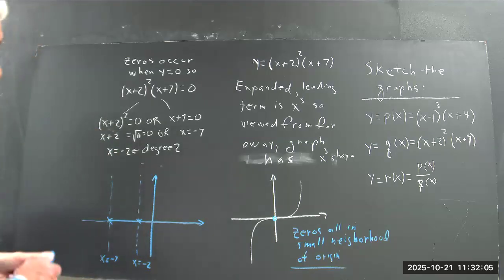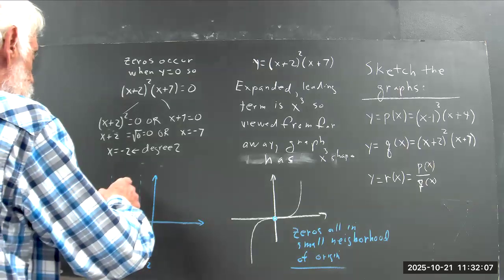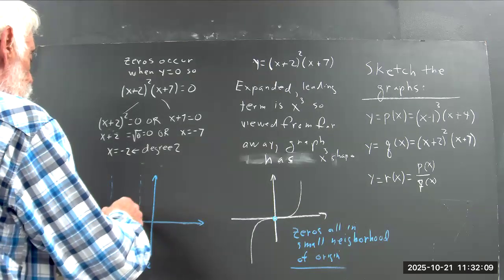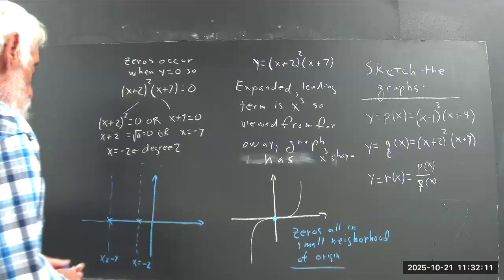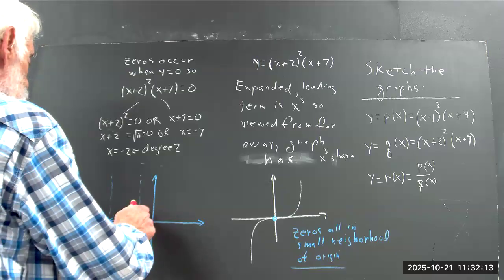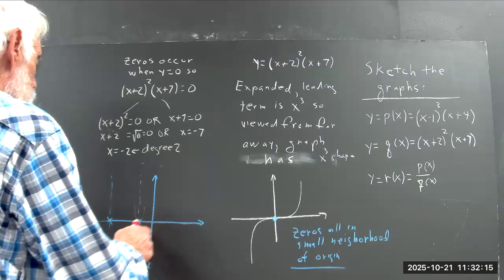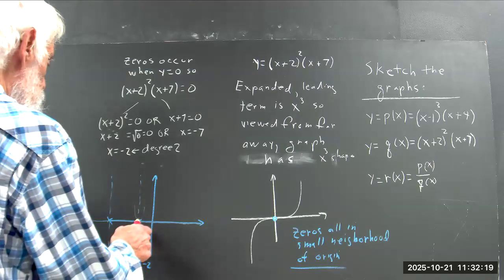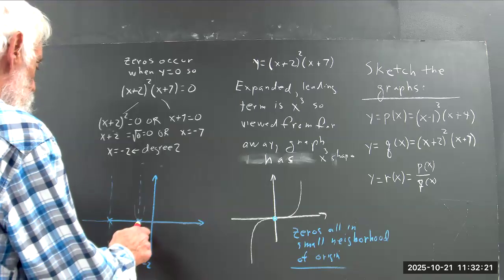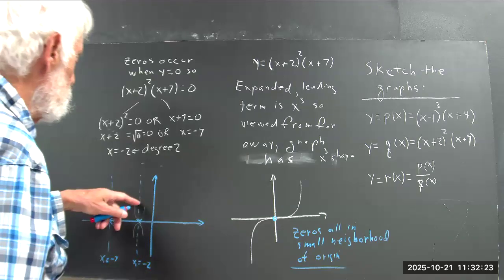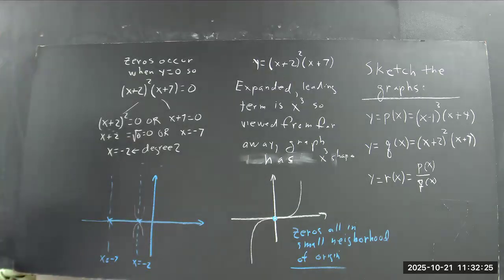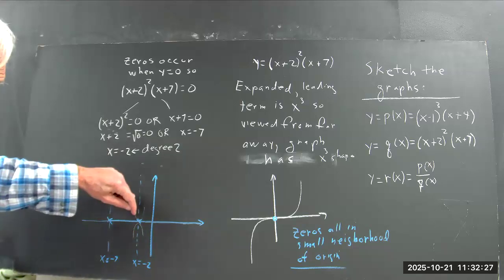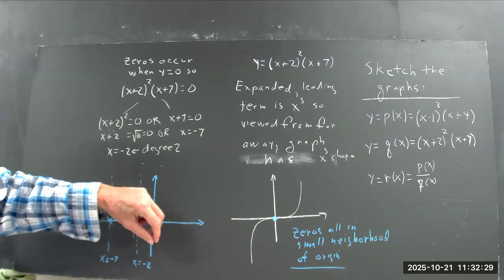Now, it could be opening upward or opening downward, but it's going to be a parabola. It might be like this. I'm drawing that lightly. Can you see that? I just very lightly drew a parabola just to indicate that it's going to be either like this or like this in the immediate vicinity of this point.